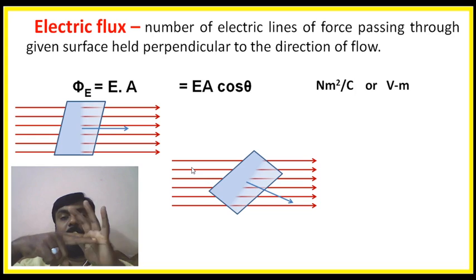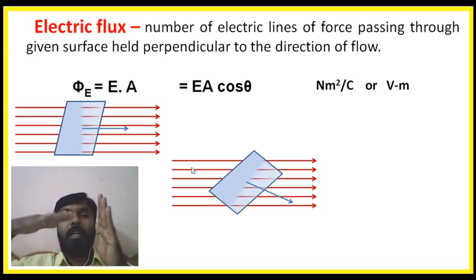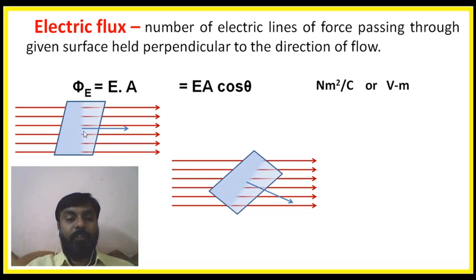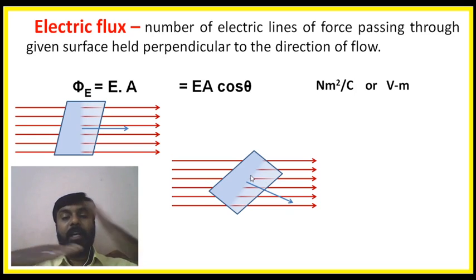So this will form the direction of area vector, and it is parallel to the electric field. So we can say that the angle between area vector and the electric field is 0 in the case of the first one. But in the second case, they are making a certain angle.